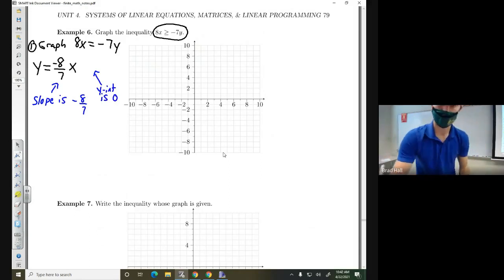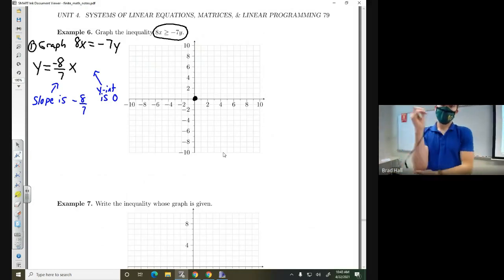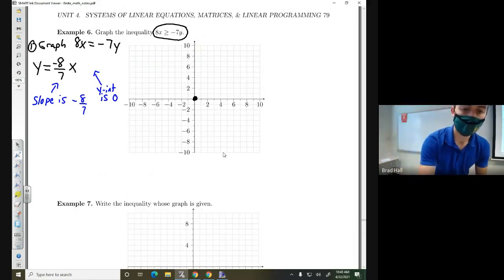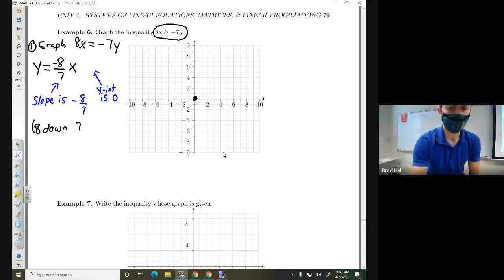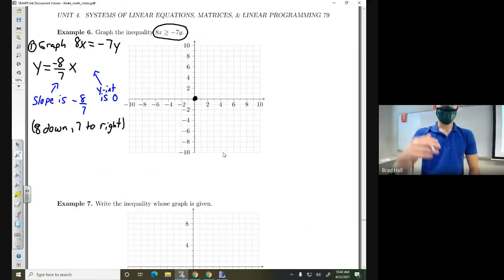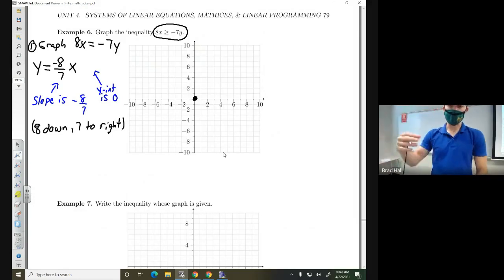Since our y-intercept is 0, that gives us a definitive point. And for the next point, the slope tells us we go down 8, 7 to the right. Or we rise negative 8, run 7, if you remember that from high school.